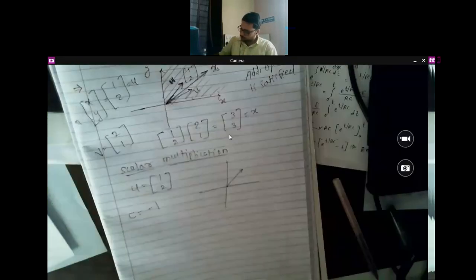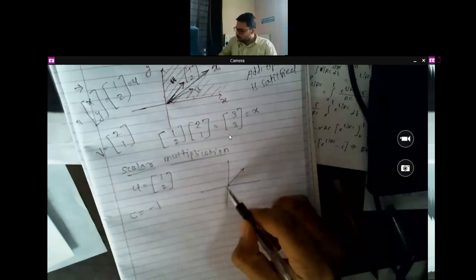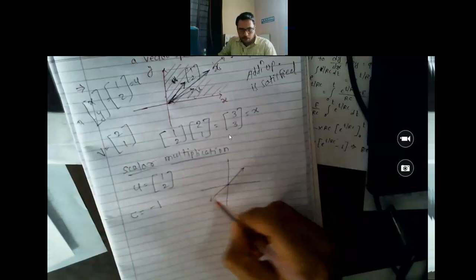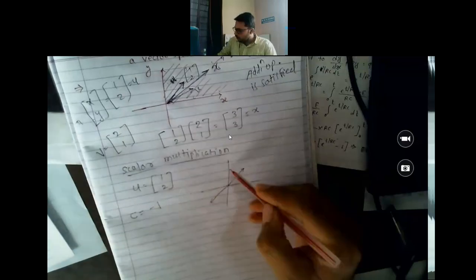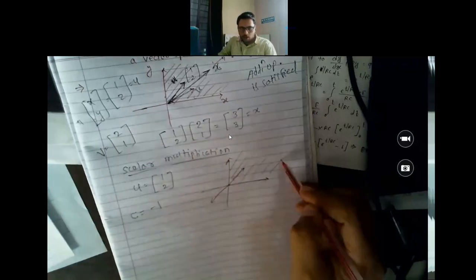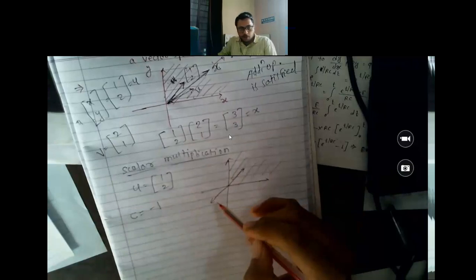Because if you multiply this by minus 1, so by red pen I'll be describing this, this will be your vector. And our given space is the first quadrant only, and since it is, we are leaving the first quadrant.